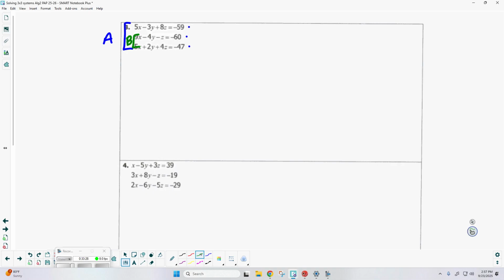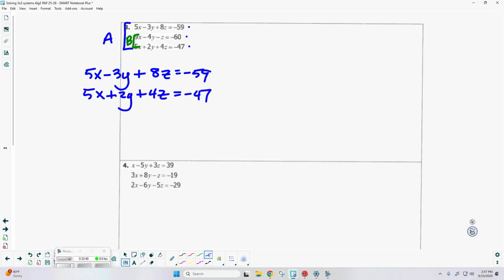Let's stack them. So 5x minus 3y plus 8z is equal to -59. And we're going to put that with 5x plus 2y plus 4z is equal to -47. Now I can already see why you chose this one. All we have to do is subtract. We're going to get rid of that x. Those are going to cancel.